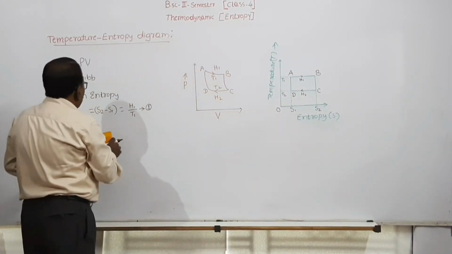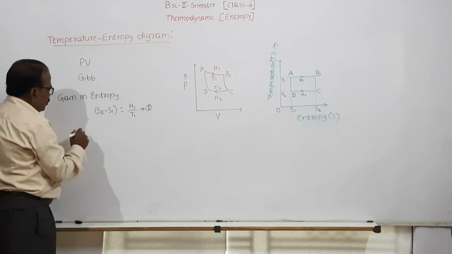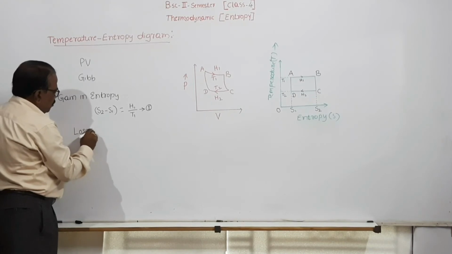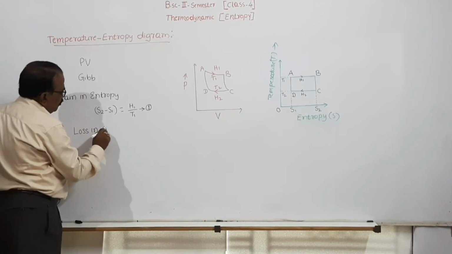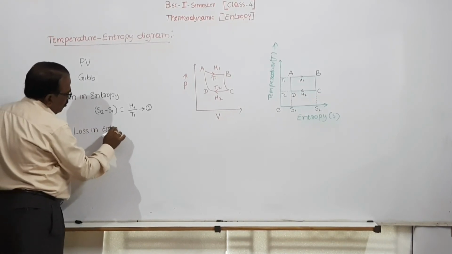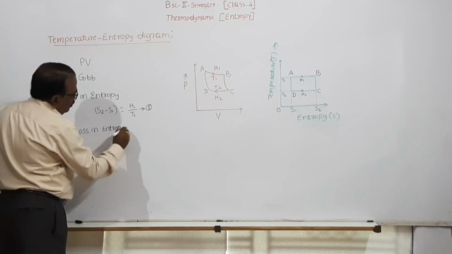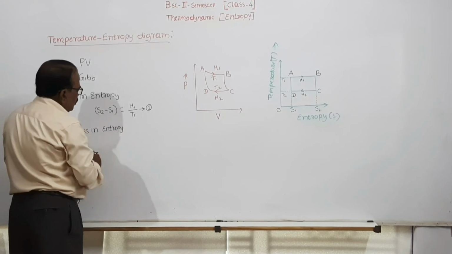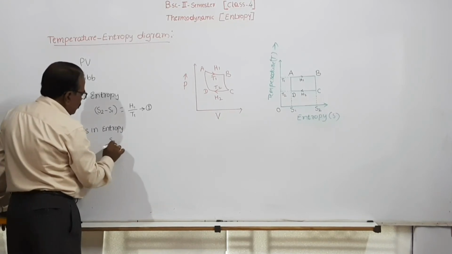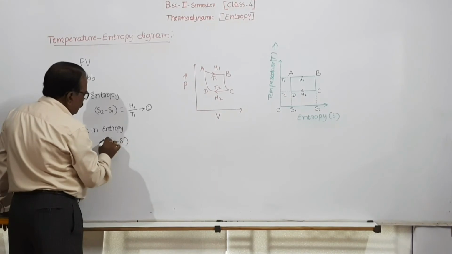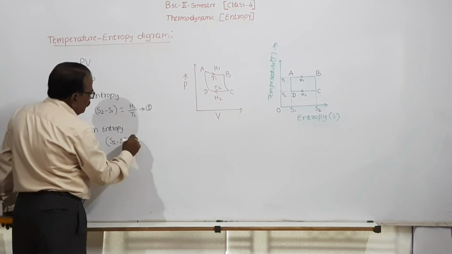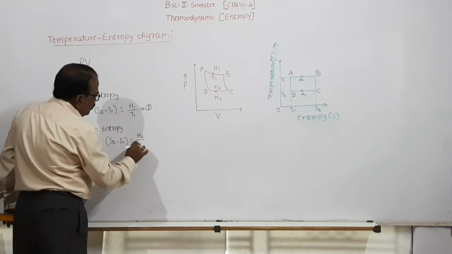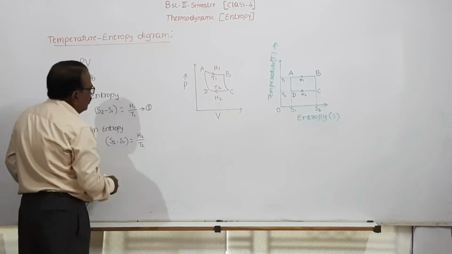Then loss in entropy is equal to, again, S2 minus S1 is equal to H2 upon T2.